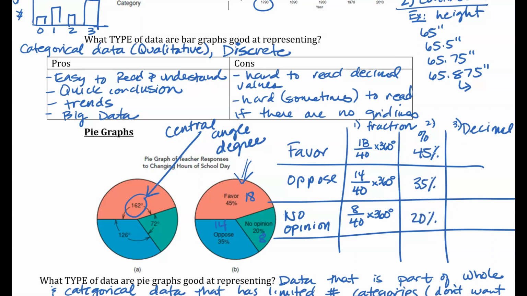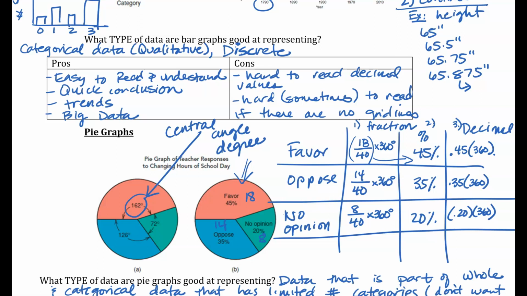So I can just write the decimal of that percentage, so 0.45, and multiply that by 360. 0.35 times 360, or 0.20 times 360. Now notice the fraction here, 18 over 40, is 0.45. So I'm doing the same thing in each column. I'm just looking at a different type of number each time.